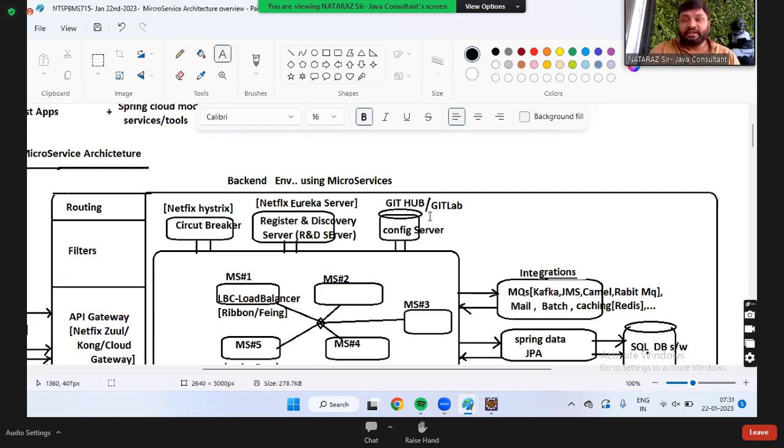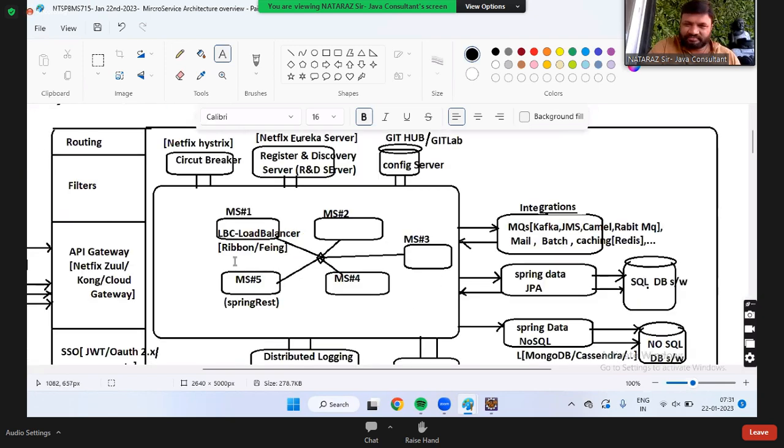Now listen carefully. When all these microservices are in communication, if any exception comes in one microservice, that should be informed to the client in a proper non-technical message.